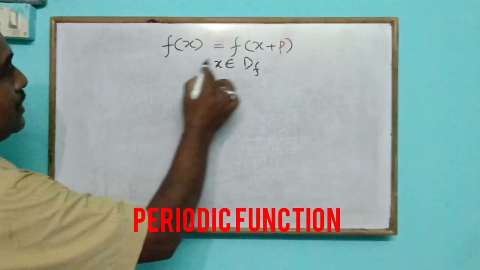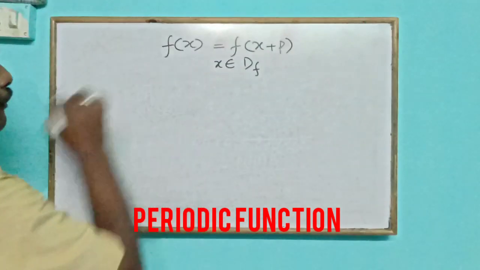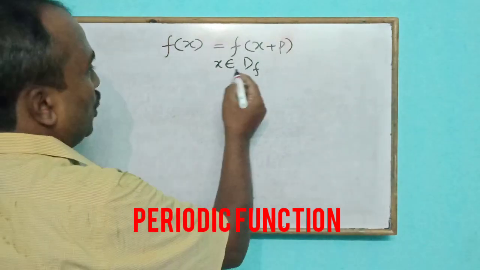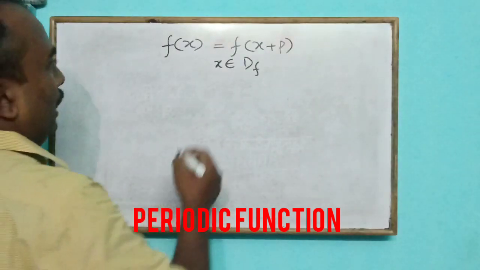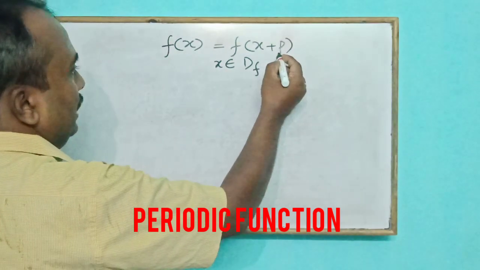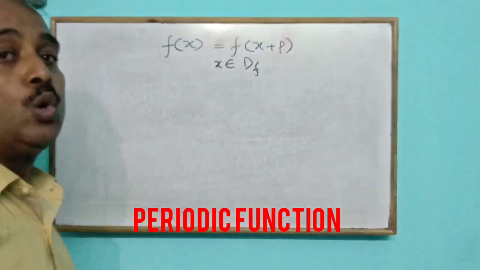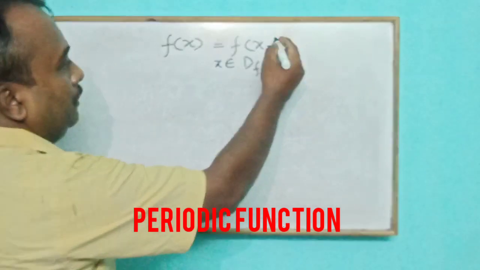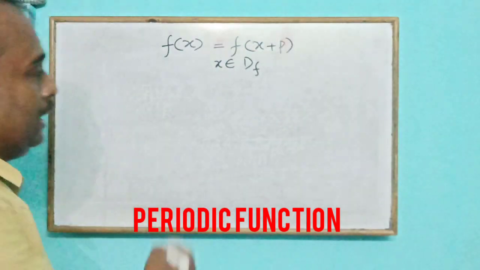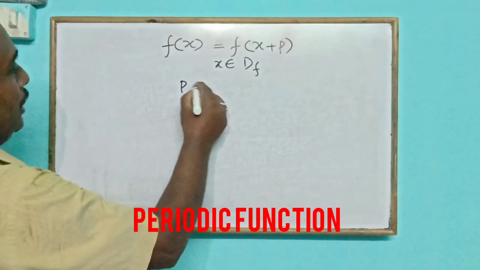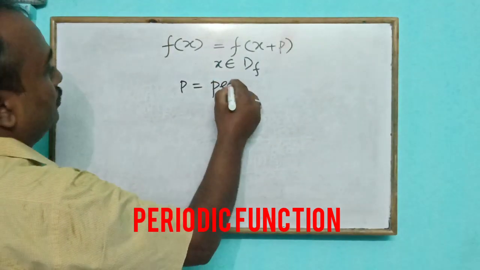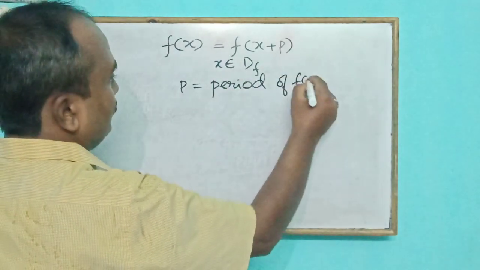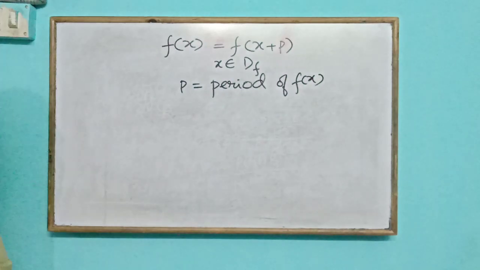If a function behaves in such a way so that f of x is equal to f of x plus p, where x belongs to the domain of f, now this value of p may be more than 1. Then the least value of p is known as the period of f(x). This is the definition of periodic function.